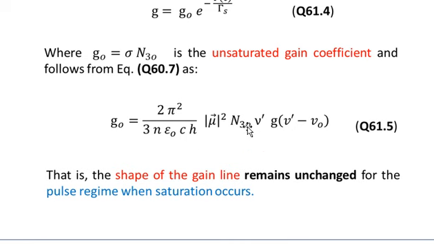So G naught has the same shape as in the previous case, that is, the shape of the gain line remains unchanged for the pulse regime when saturation occurs. Even for the pulse case having short duration, the shape of the gain line would remain the same, and is given by G naught equal to the right hand side of equation number 61.5.